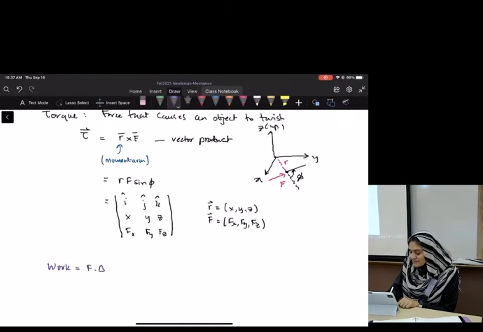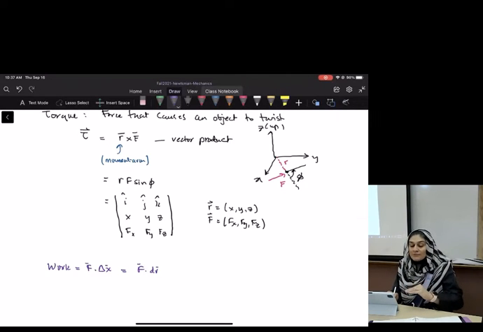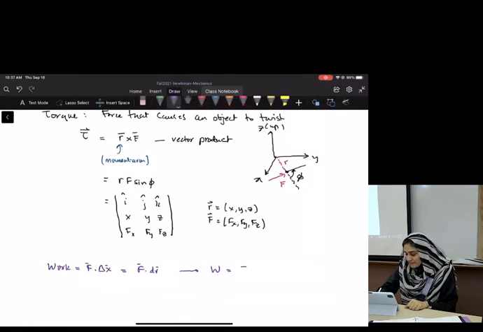Force times displacement, or force times dr. But now our object is causing a rotation. What's the distance my object is traveling? It travels a distance defined by the angle.